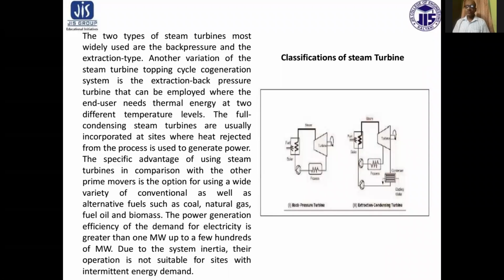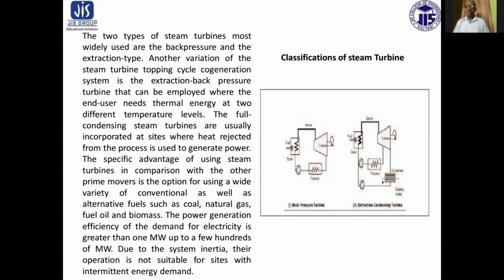The specific advantage of using a steam turbine in comparison with other prime movers is the option for using a wide variety of conventional as well as alternative fuels such as coal, natural gas, fuel oil, and biomass.